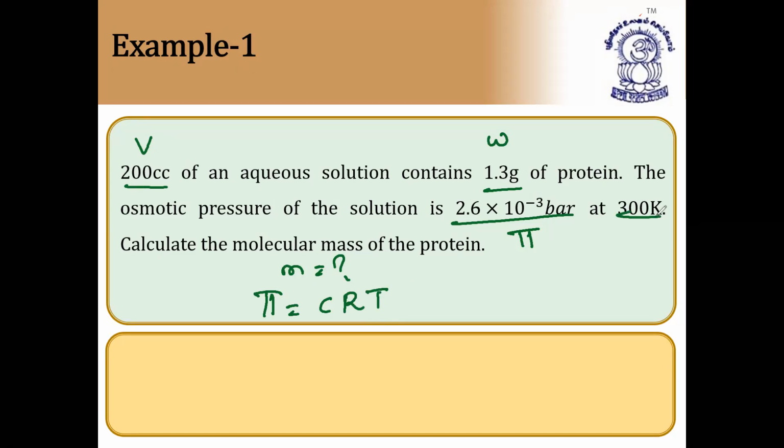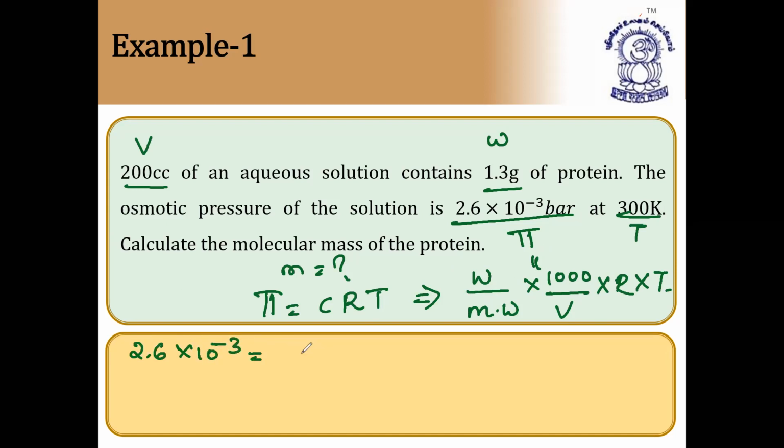So C value, that is nothing but concentration, that is nothing but molarity, is also equal to weight of solute by molecular weight of solute into 1000 by V, into R into T. So this is the actual formula of pi value. In this, except molecular weight, we know all the other values. That is pi value, 2.6 × 10^-3 bars.